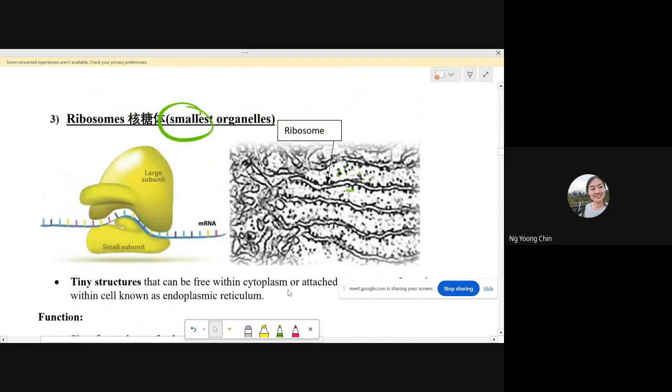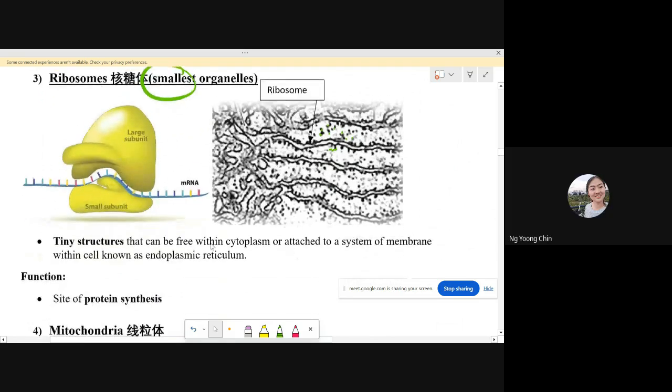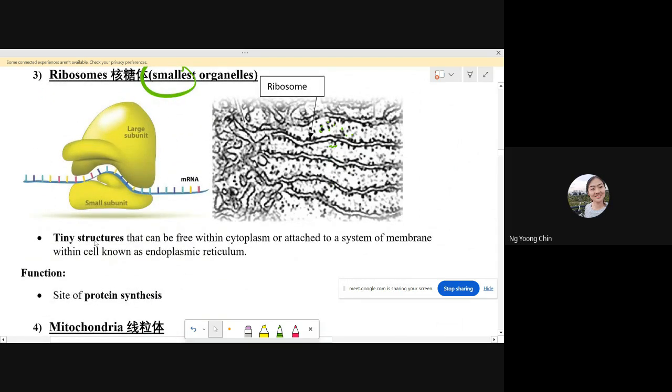Ribosomes have two forms. It's a very tiny structure. They can be found free in the cytoplasm, or they are attached to the system of membranes within the cell known as endoplasmic reticulum. When ribosomes are attached to the surface of the endoplasmic reticulum, they become the RER, the rough endoplasmic reticulum.